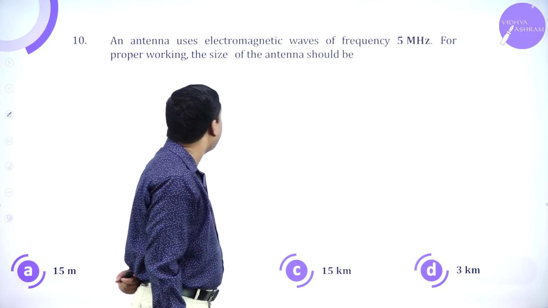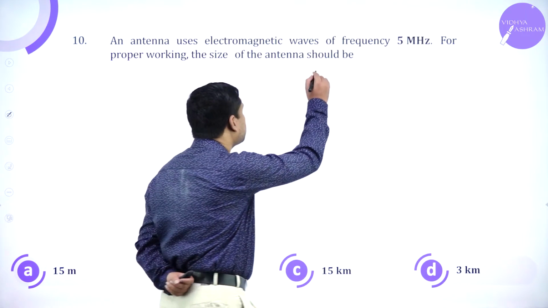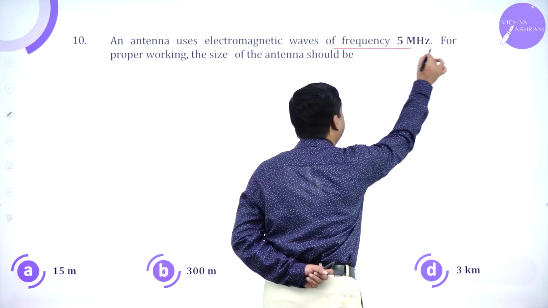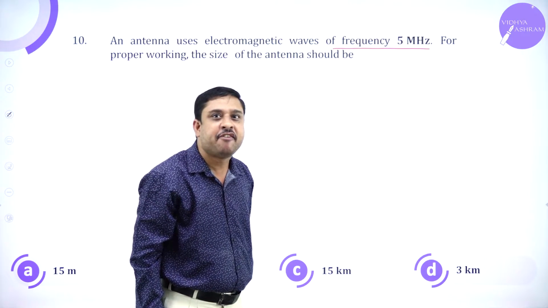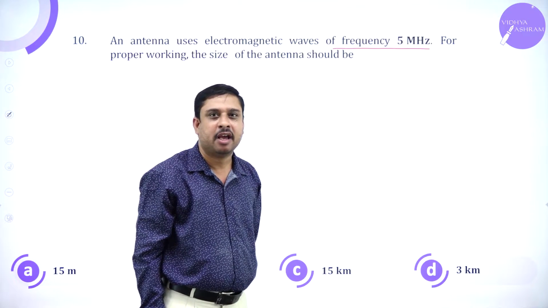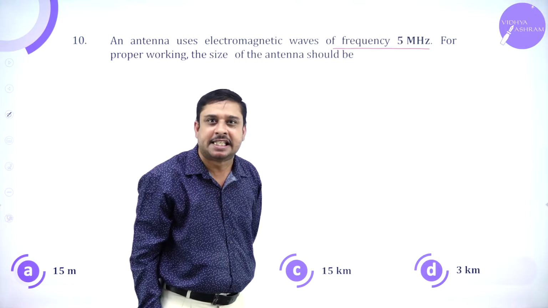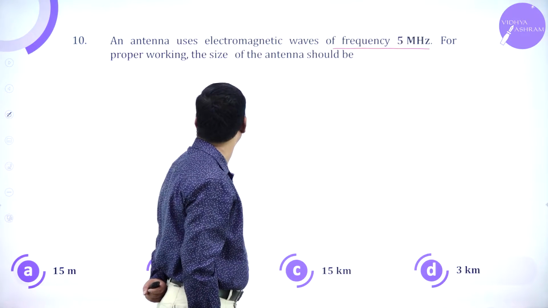An antenna uses electromagnetic waves of frequency 5 megahertz.